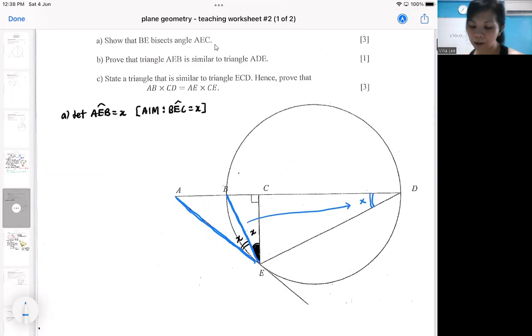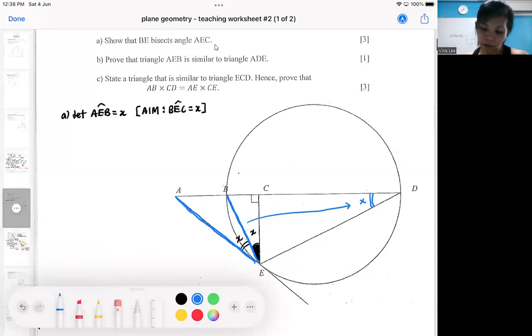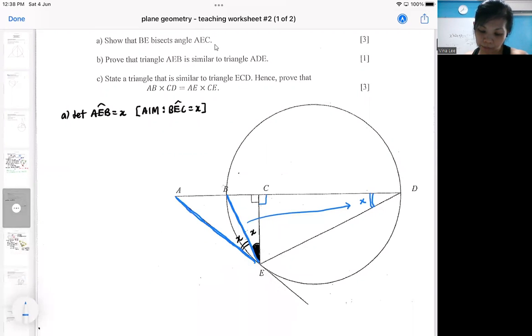So the reason why this is an X is due to the tangent chord theorem. Then after that, we just explore around first to see whether eventually we can get our aim. Once we can get our aim, then we backtrack the steps to write out the proof. So I also see that there is another 90-degree here. This 90-degree is angle on a straight line.